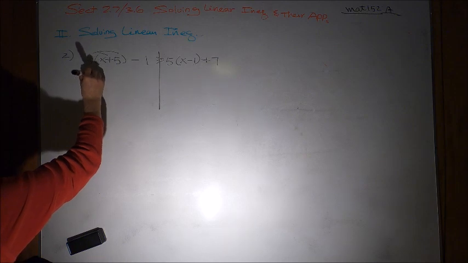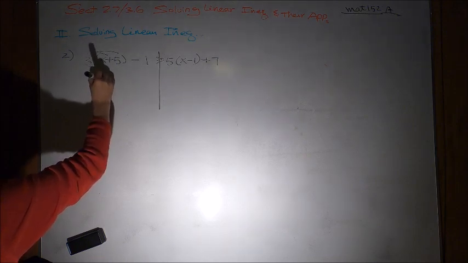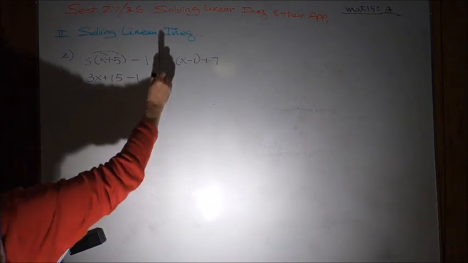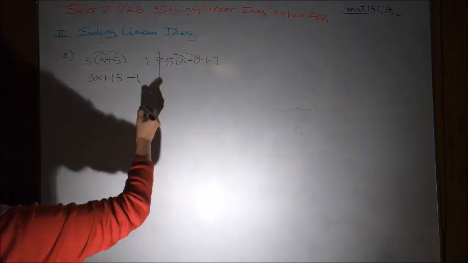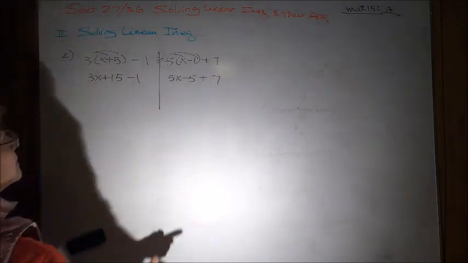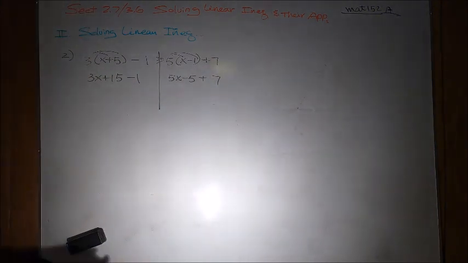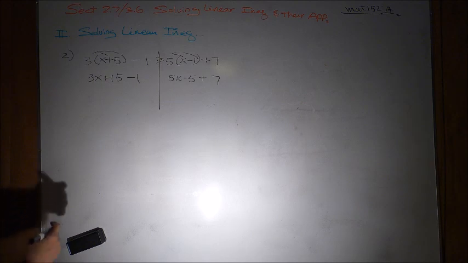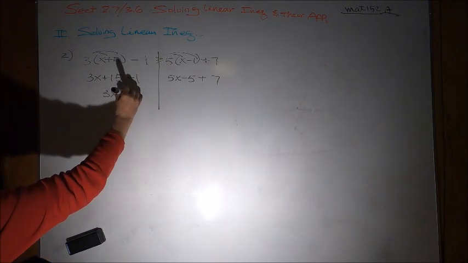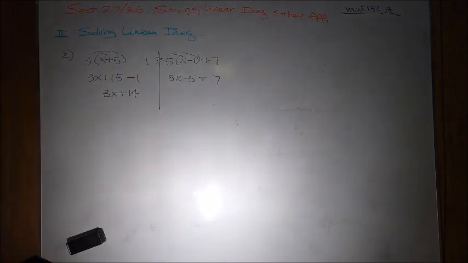Distribute. I should say distribute, right? So, and here is what? 5x minus 5 plus 7, right? Then we make it simpler. That would be what? 3x combined like terms. Are we good?